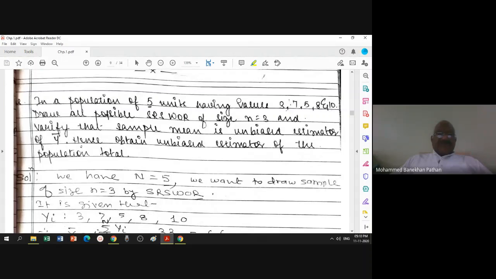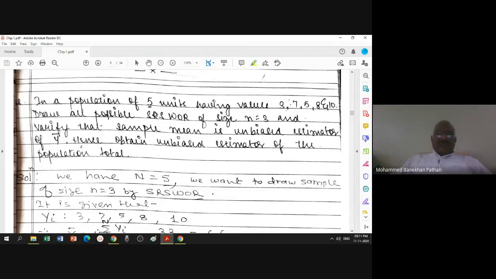In a population of 5 units having values 3, 7, 5, 8 and 10. This is only for illustration. There is a population with 5 elements taking these values.